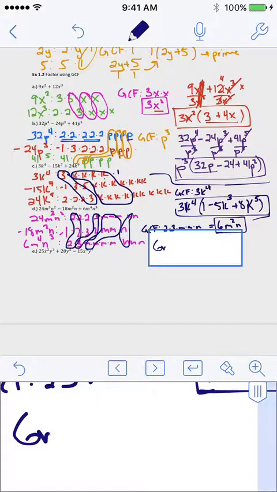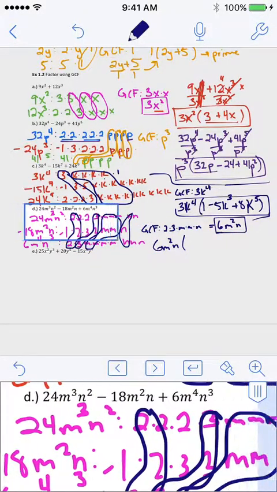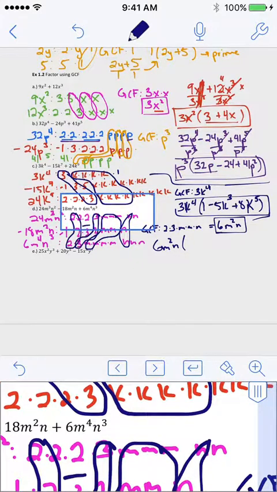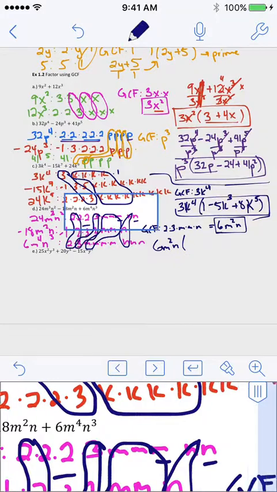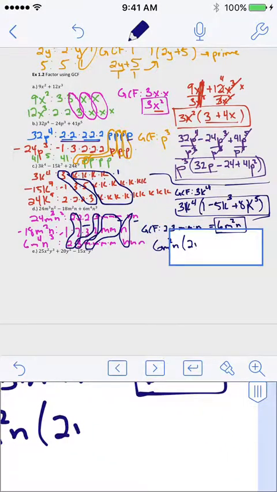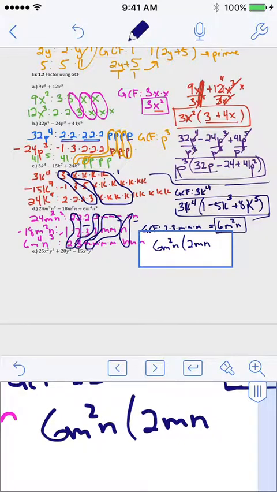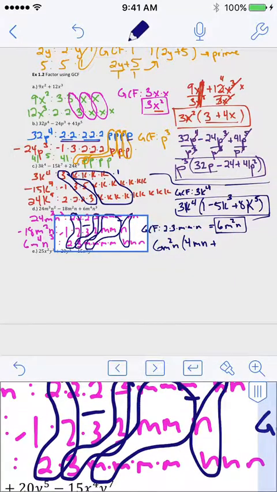When we take that out though, 6m squared n becomes, let's see, 24m cubed n. Take away 6m squared n, that leaves me a 2, an m, and an n. 2mn. Oh, no, sorry. 2 2's. Just kidding. That should be a 4mn. Plus, see what's left over here is a negative 1 and a 3, and that's it.